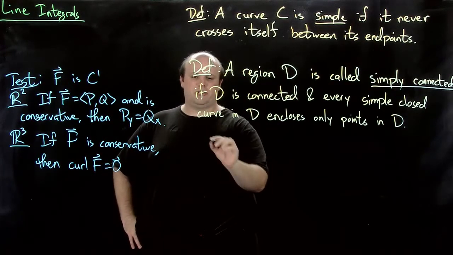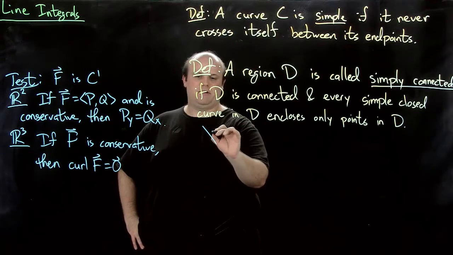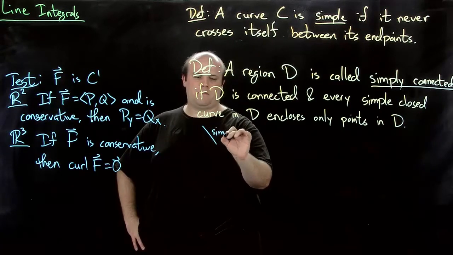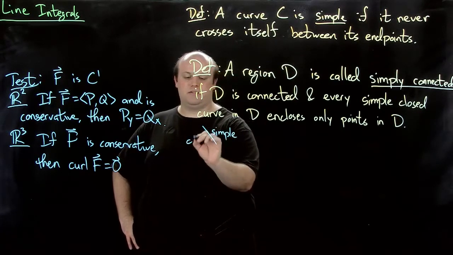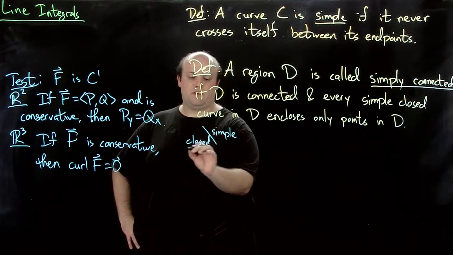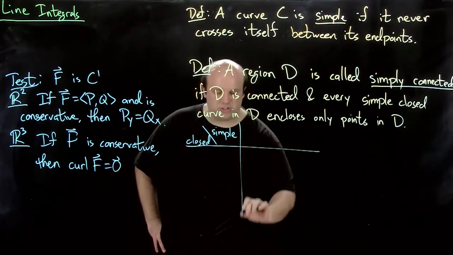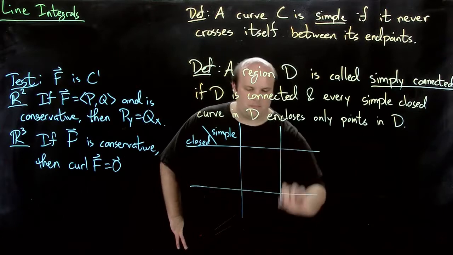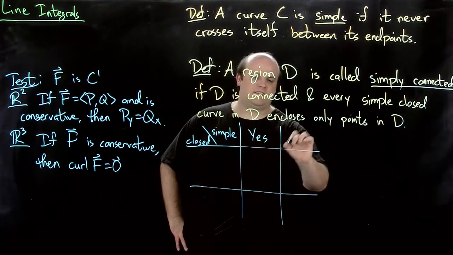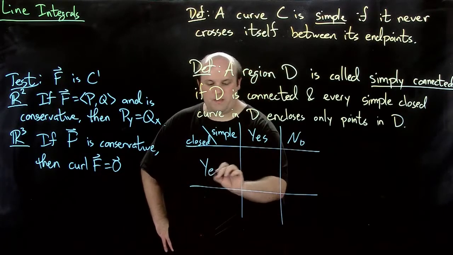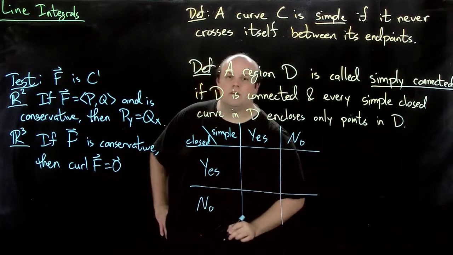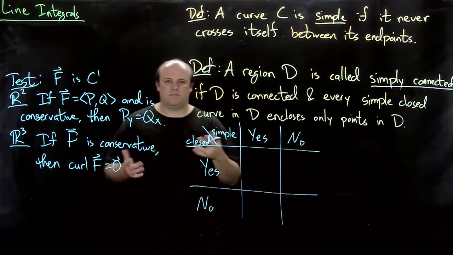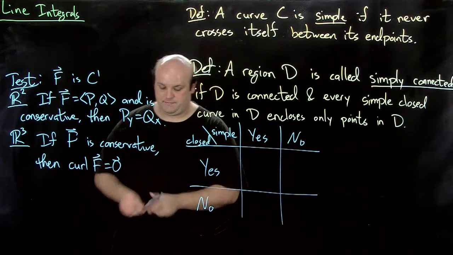All right, so what does the simple and not simple stuff look like? Let's do a little chart here where we put simple up here and closed over here, and let's make a chart where we say yes and no, yes and no. Right? So what is the mix of all these guys?